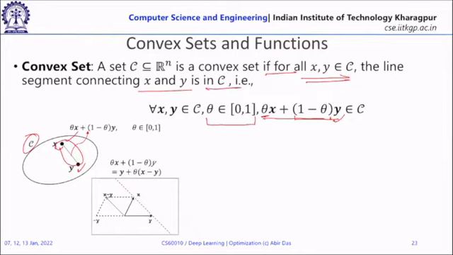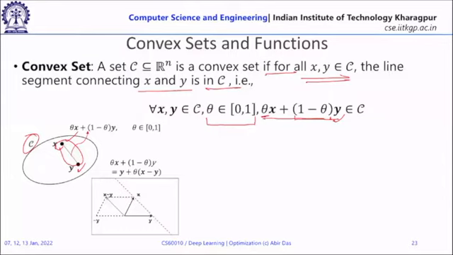Just to convince you that for any theta between 0 and 1, we have seen that one point is x, for theta equal to 1, and another point is y when theta is 0.